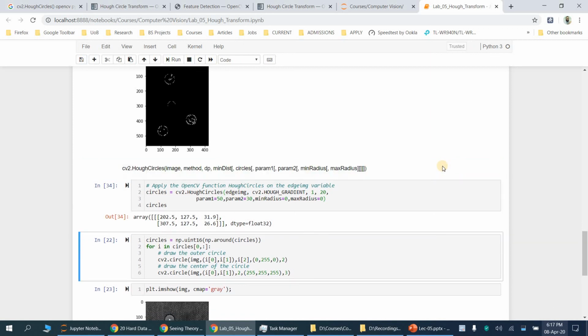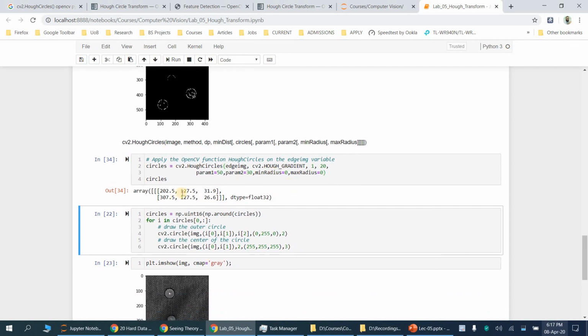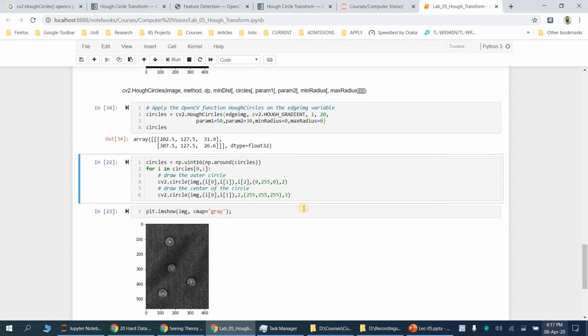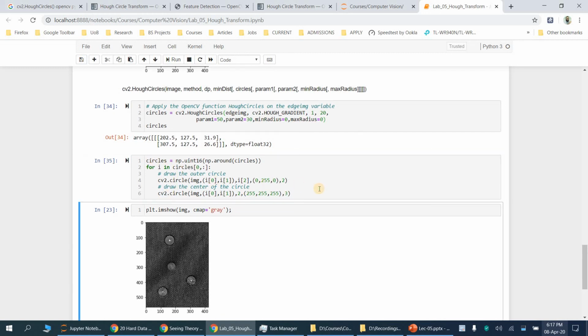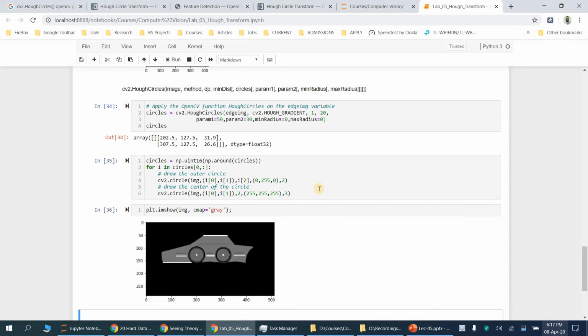So with this approach, over here I detect only 2 circles. These 2 circles, I will draw them. To draw these circles, first I convert the center points into unsigned integer, and then I use them to draw the 2 circles. It was considering the old image.